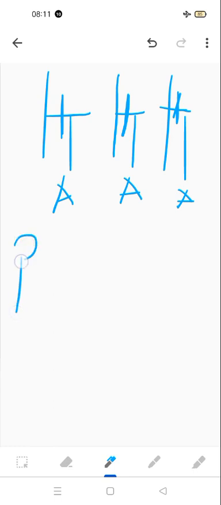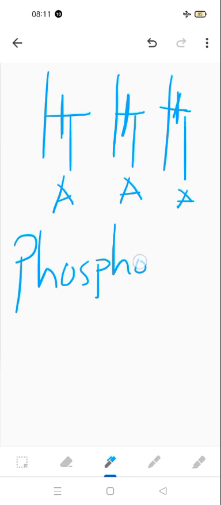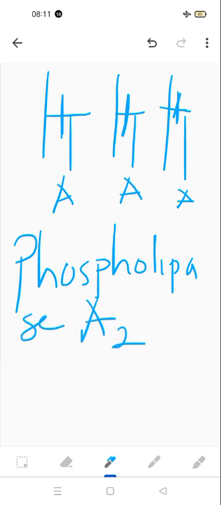This is a very important enzyme, and this step is a rate determining step in biosynthesis of eicosanoids. So phospholipase A2 will cleave off the attached arachidonic acid, and we will have free arachidonic acid inside the cytoplasm of the cell.